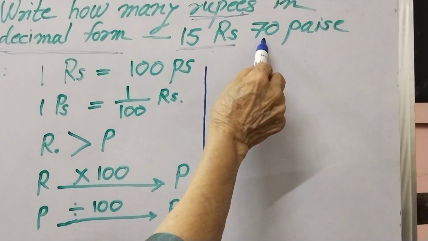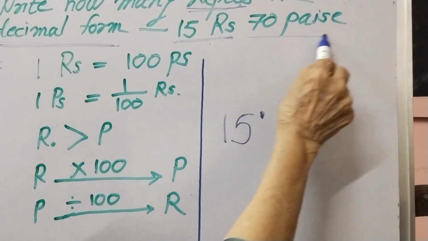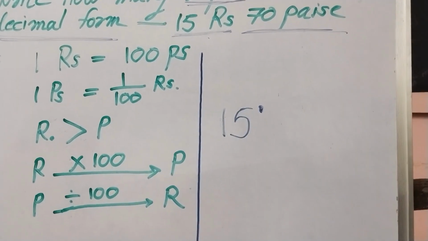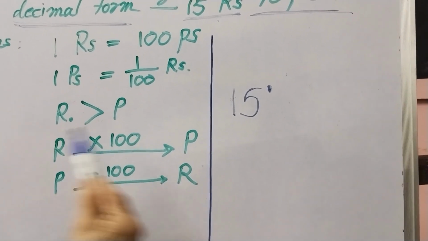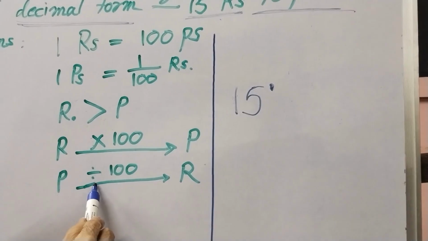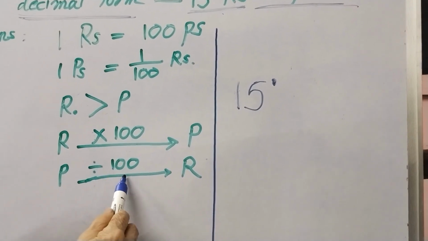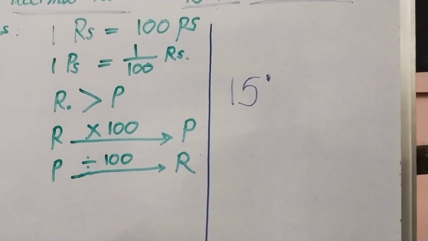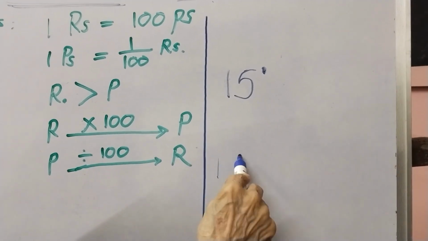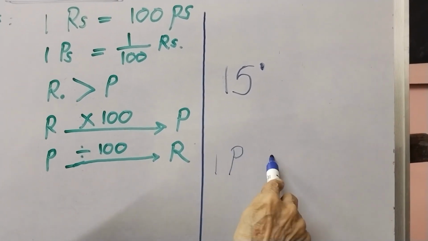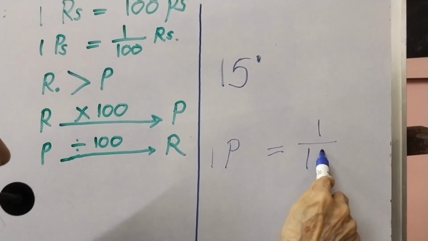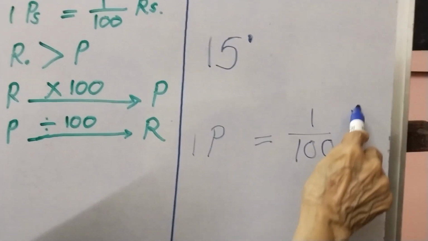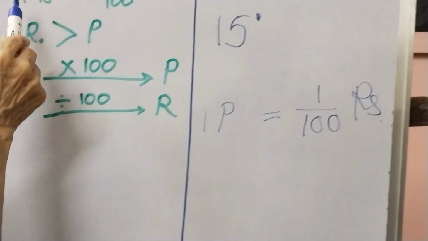And now we have to convert 70 paisa into rupees. How do we convert paise into rupees? Paise into rupees by division by 100, right? So let us write: 1 paisa means 1 upon 100 rupees. This we have used.